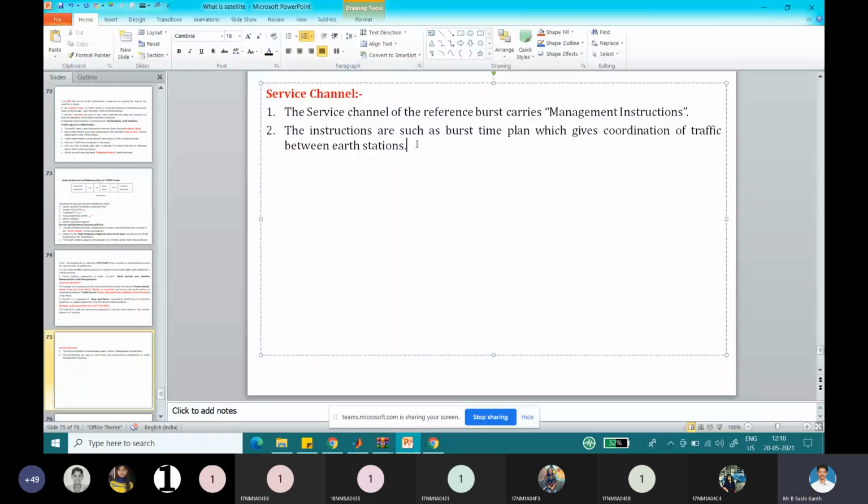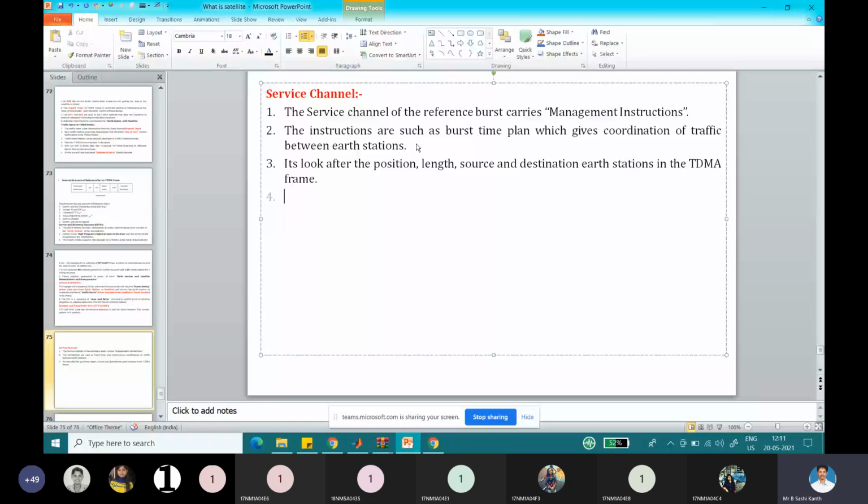And the third point here is that it looks after the position, length, source, and destination of earth stations in the TDMA frame. What it is doing here in the service channel, it looks after what is its position and how much is the sequence length.